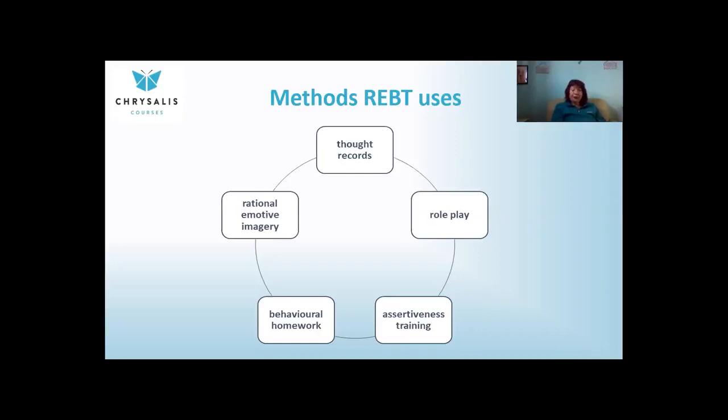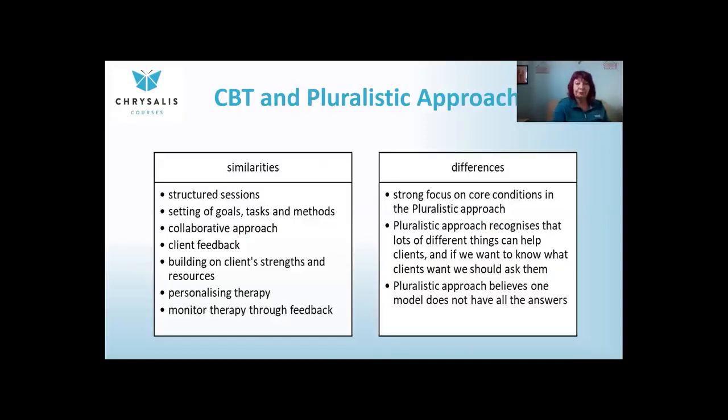So CBT therapies all focus on a client taking responsibility for their responses, for their thoughts, emotions, and behaviour. And if CBT is used alongside the core conditions, then it can fit very well into a pluralistic approach. So let's look at the similarities and the differences.